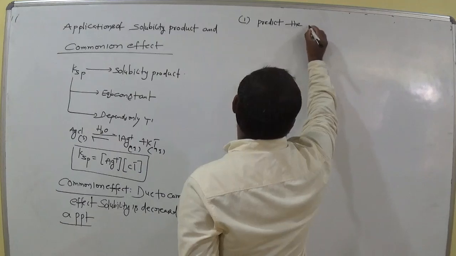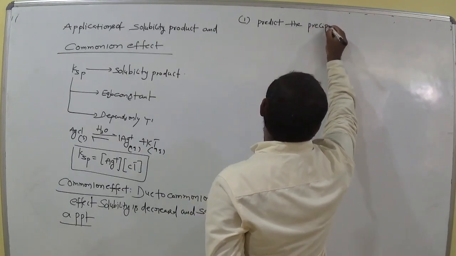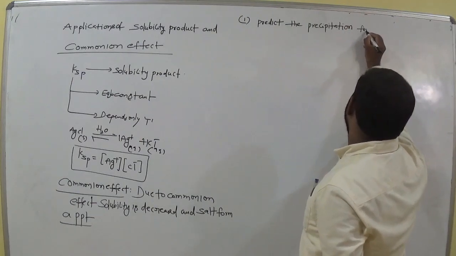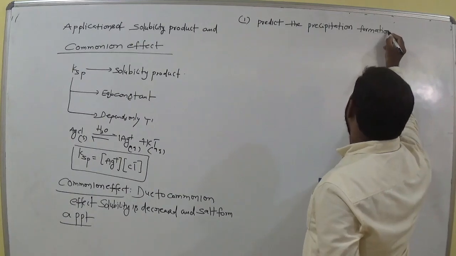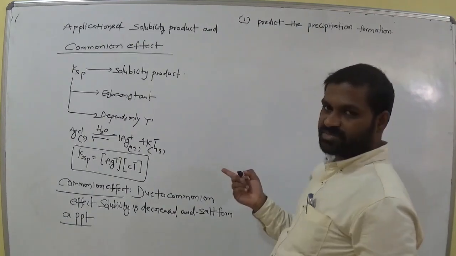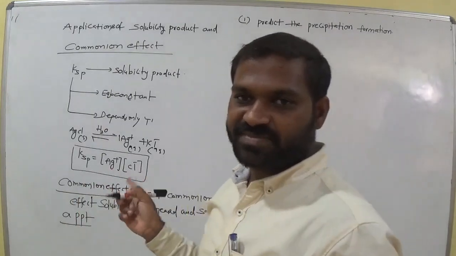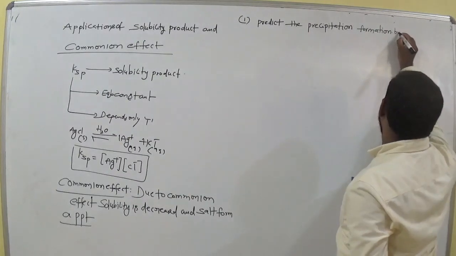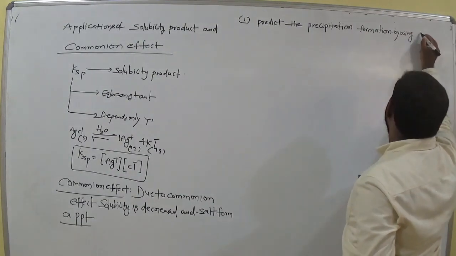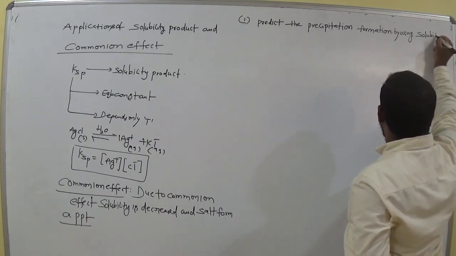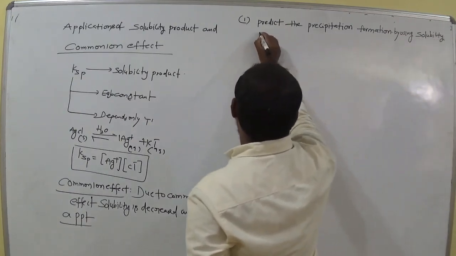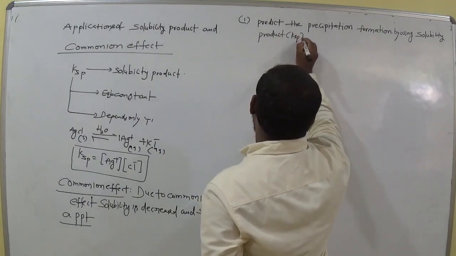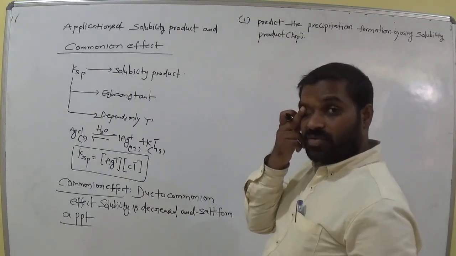Predict the precipitation formation, that means whether precipitation takes place or not. We can analyze this by using solubility product, Ksp. Okay. Is it clear, all of you, everyone?